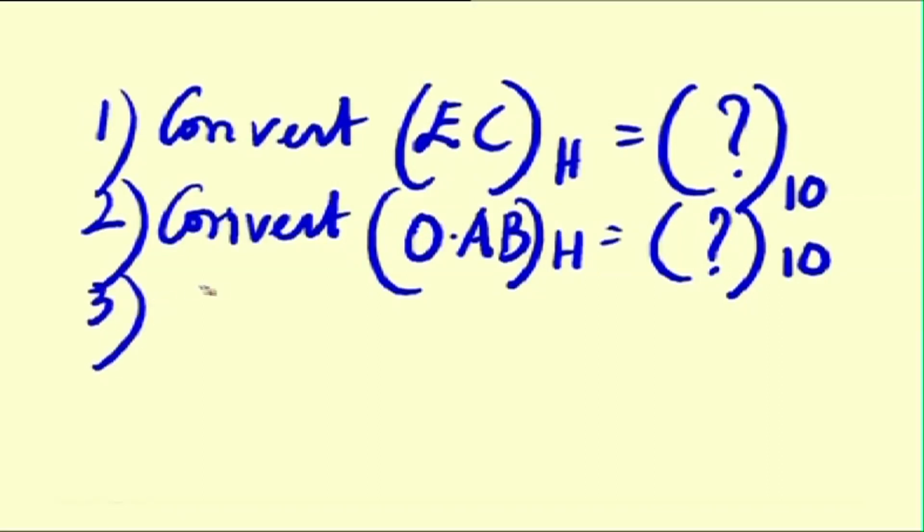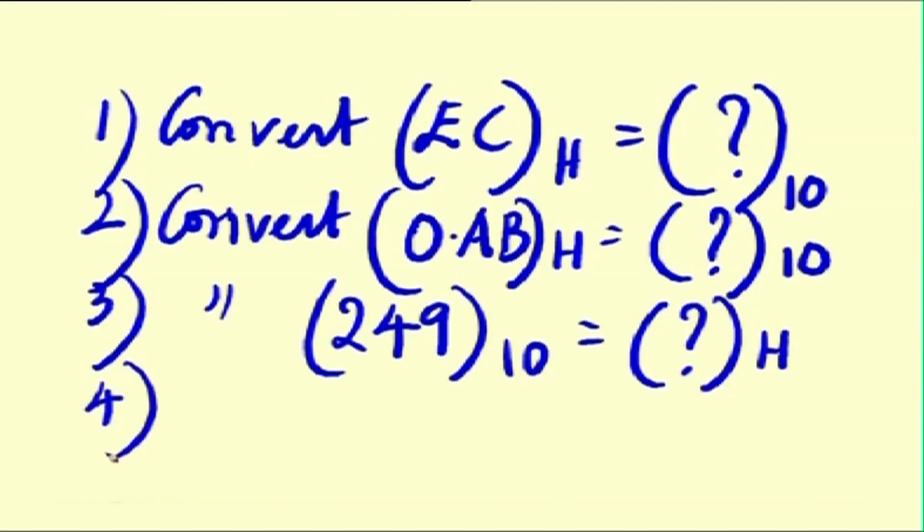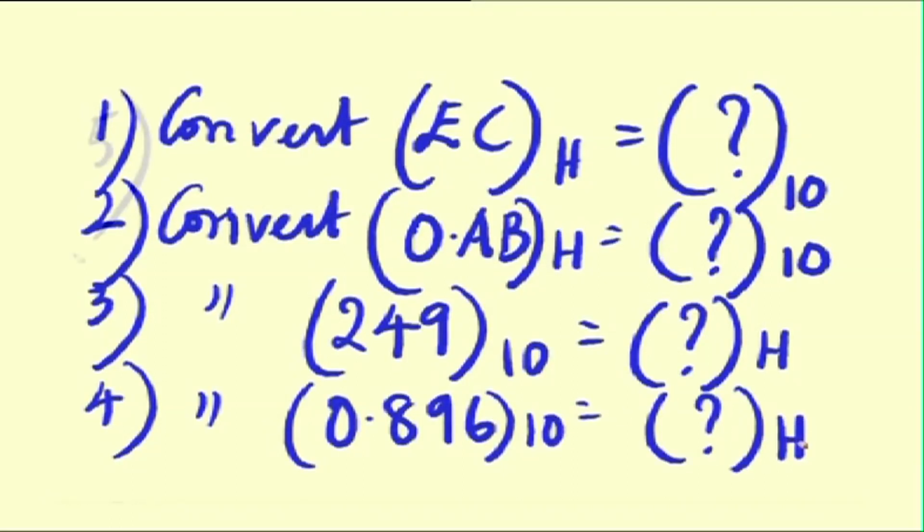The third one is a decimal number, 249. You convert it into a hexadecimal number. Then another number that I will give you is a fractional number, 896. You convert this into a hexadecimal number.